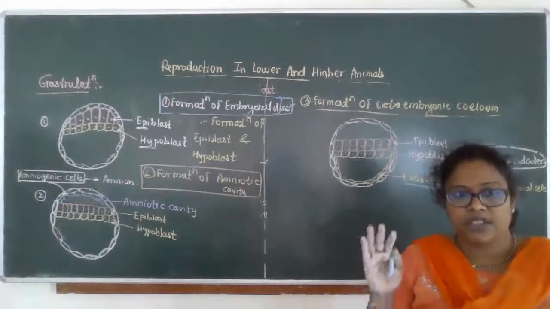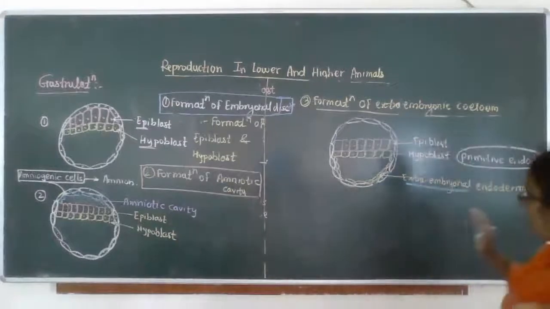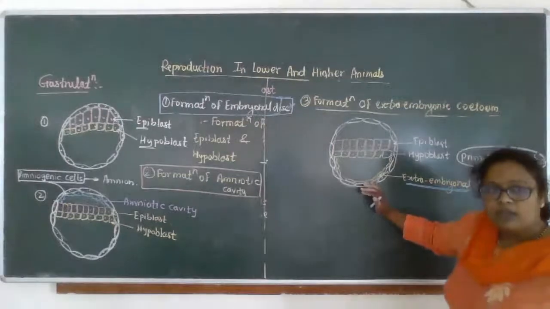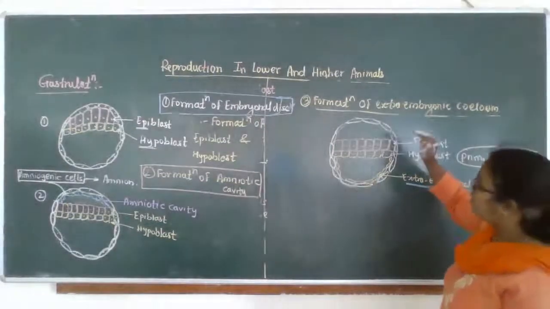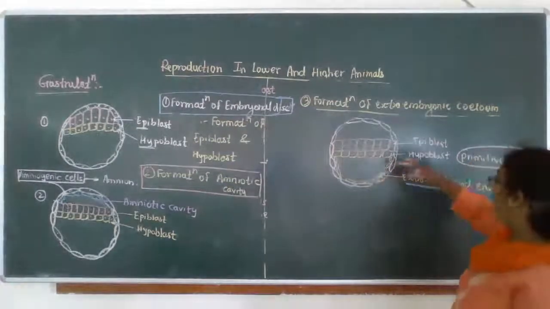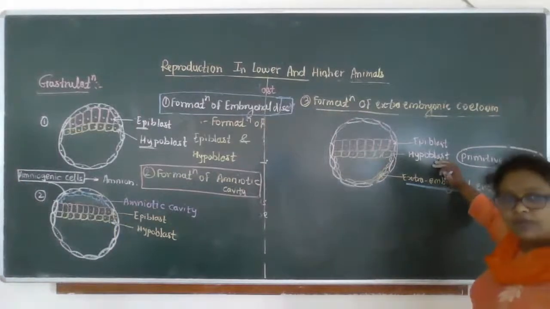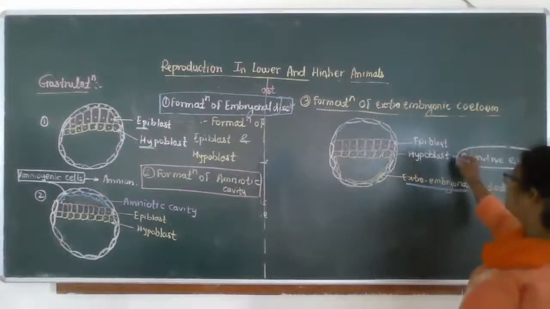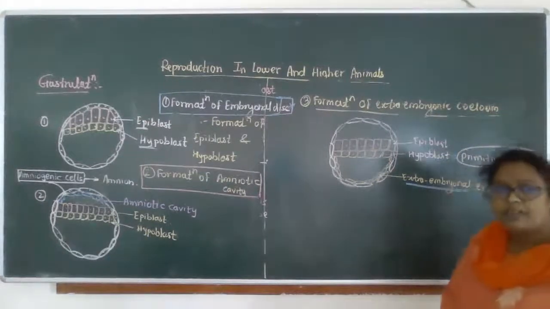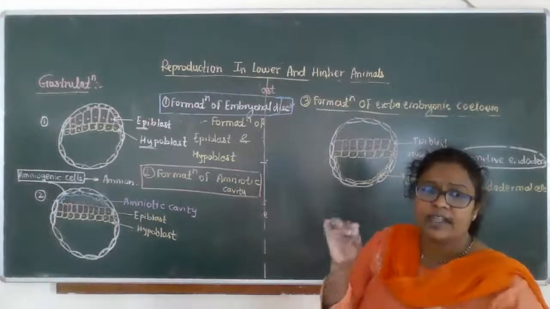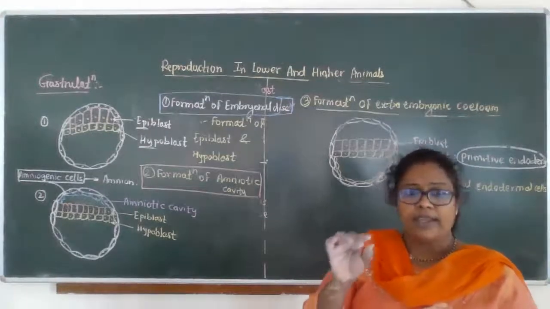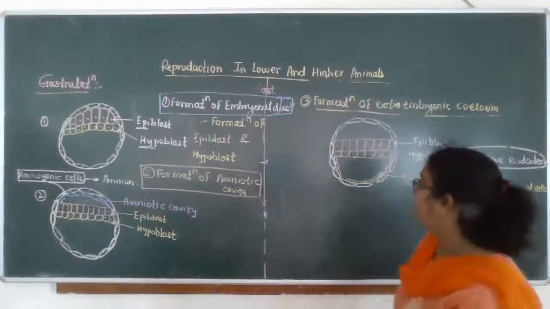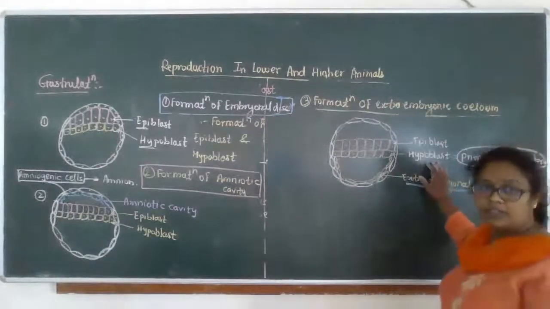These extra-embryonal cells do not form the endoderm. Where will the endoderm be formed from? The endoderm will be formed from the hypoblast cells. Because of this, we call it the primitive endoderm, that is, the exact endoderm of that embryo will be formed from the hypoblast.